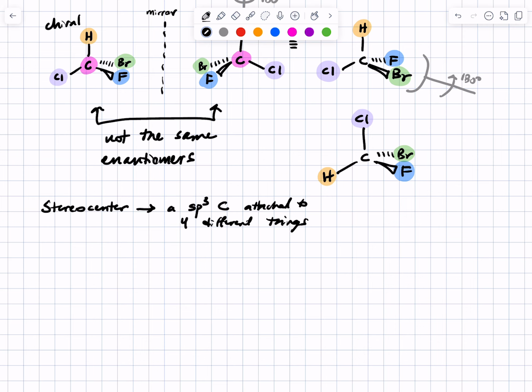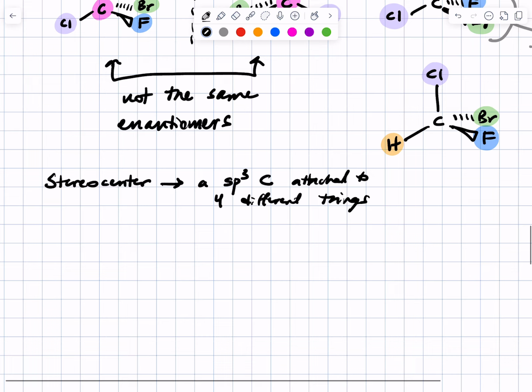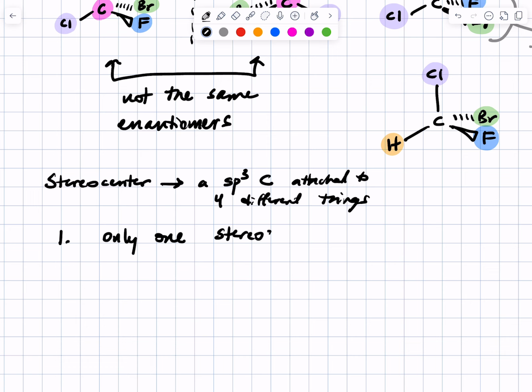Stereocenters are important because they are useful tools in identifying whether a molecule is chiral or not. If a molecule has only one stereocenter, it must be chiral.